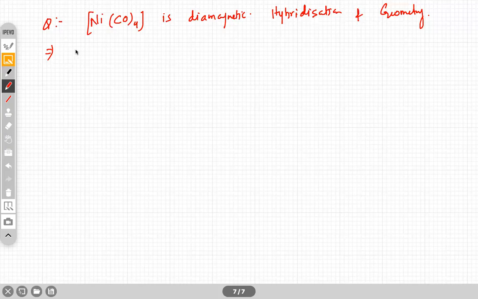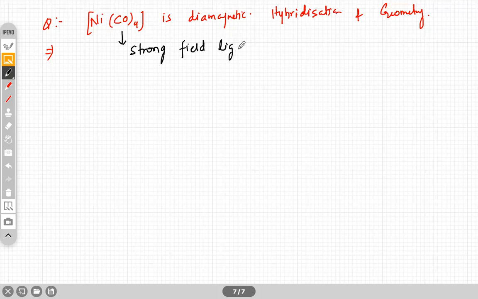Okay, CO is a strong field ligand, that you should know. The carbonyl group is a strong field ligand. So there will be pairing against Hund's rule. The oxidation state of nickel is zero here.